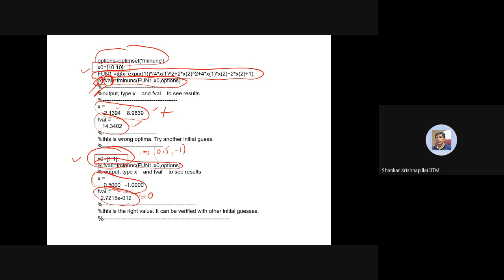So you can see that if the objective function has many local minima, then you have to give the starting point close to that particular local minimum. Only then the algorithm will go there. Otherwise, it will go somewhere else to some other local minimum.